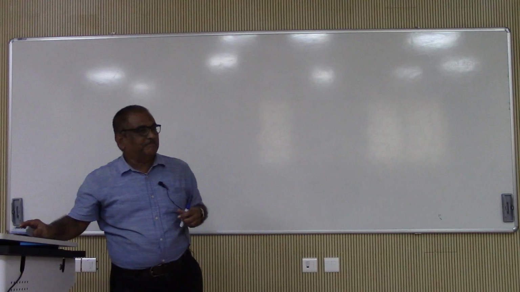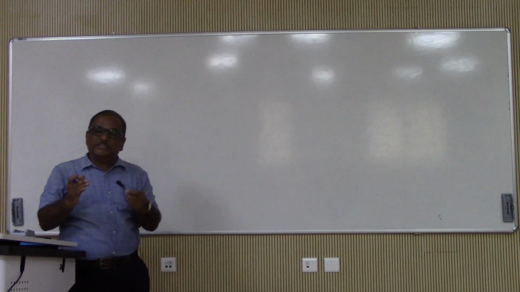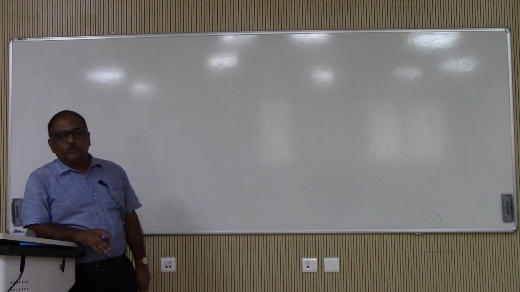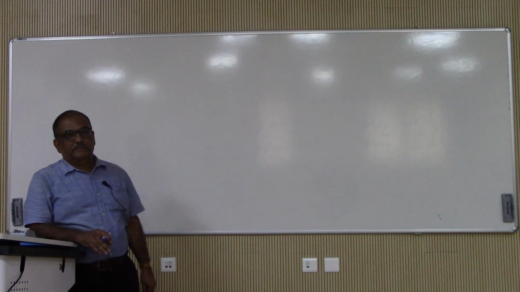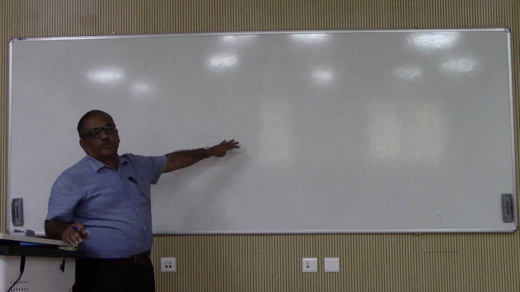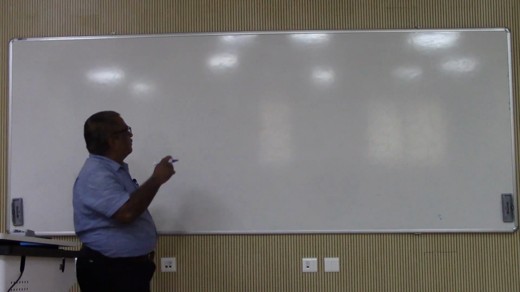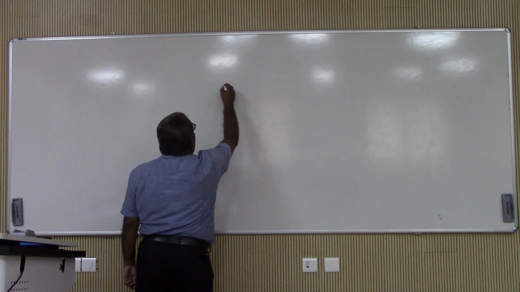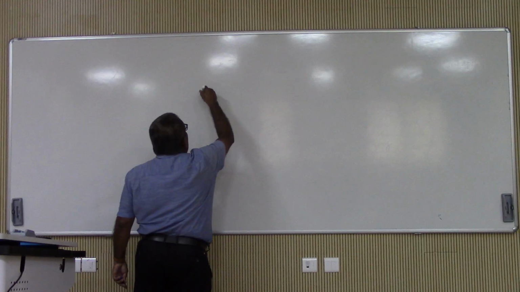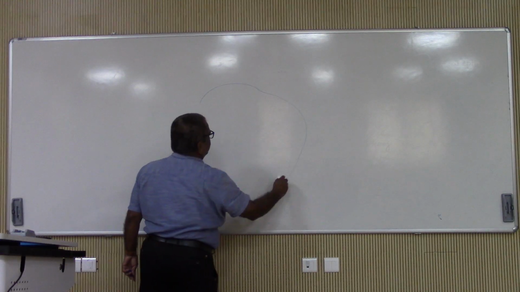See how these oceans are being created. Oceans are created by rifting. कैसे मैं बता रहा हूँ? Suppose we are talking about the Indian Ocean. Indian Ocean कैसे create हुआ? पहले करो very large super continent. Suppose मैं एक super continent draw करता हूँ.